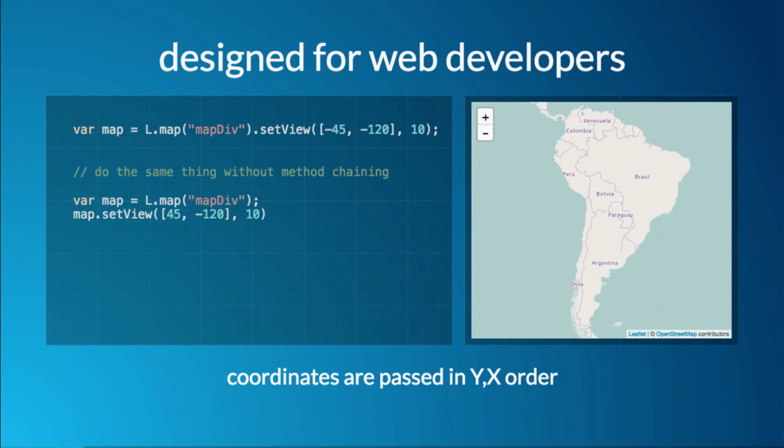The thing I think is most important to remember when we talk about Leaflet is that Leaflet was written and designed for putting maps on the web for non-GIS folks. This is an API designed with the user in mind of a web developer who doesn't know about map projections or schemas and geodatabases.